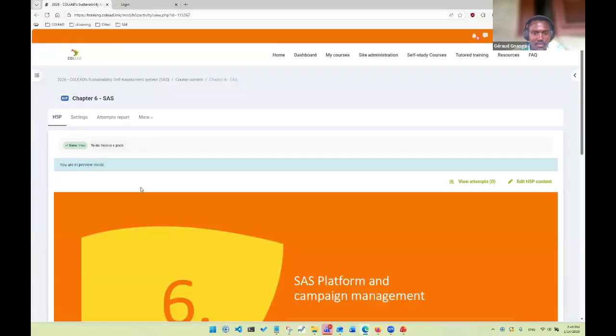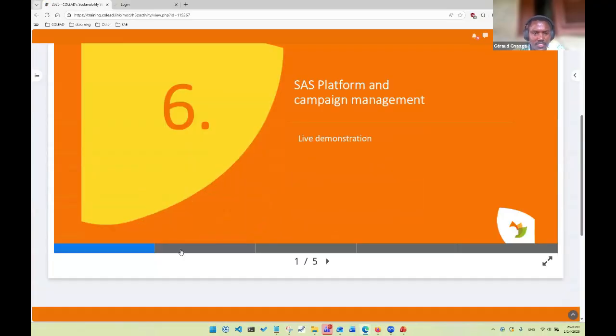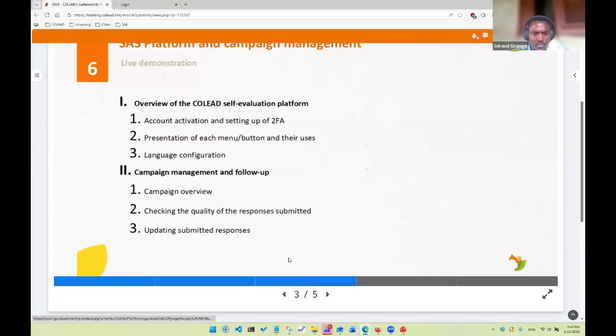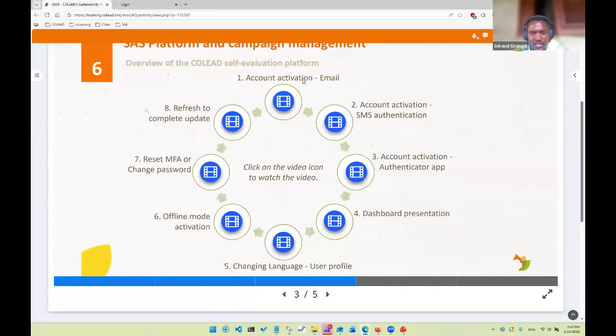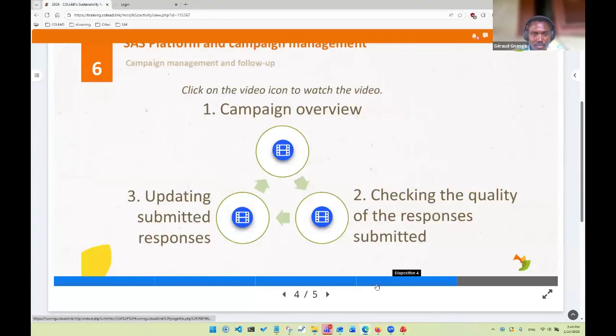The presentation that I was supposed to do here, I already recorded in chapter 6. In chapter 6, on this slide, you will see how to activate your account, for example, how to set up SMS authentication, until the end. On the next slide, you will see how to manage your campaign.